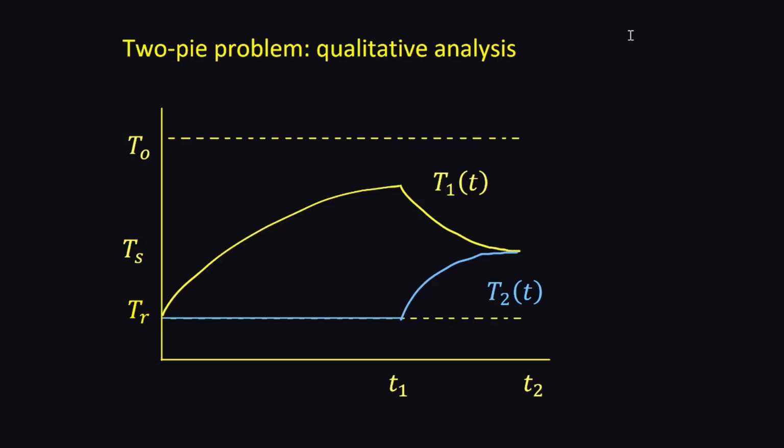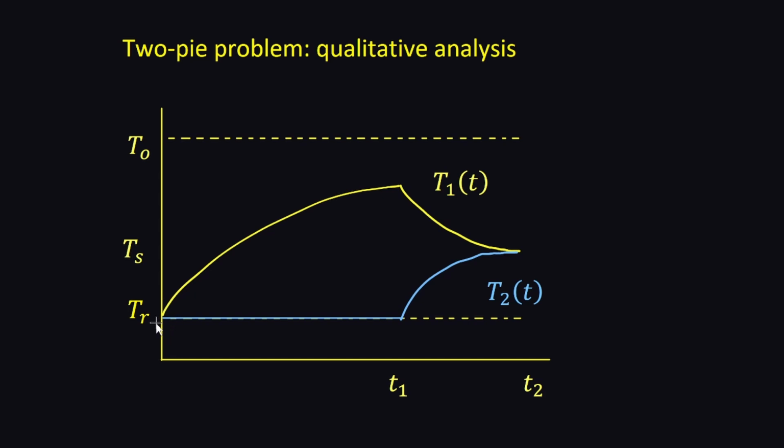Going back to our two pie problem, we will first perform a qualitative analysis. The following graph depicts the scenario of our objective. Here we have two horizontal dotted lines that represent the oven temperature TO and the room temperature TR. The yellow curve is the graph of the function T1(t), that is the temperature of the first pie with respect to time.